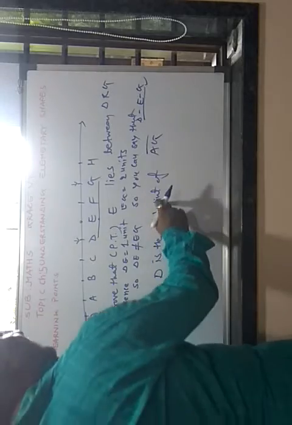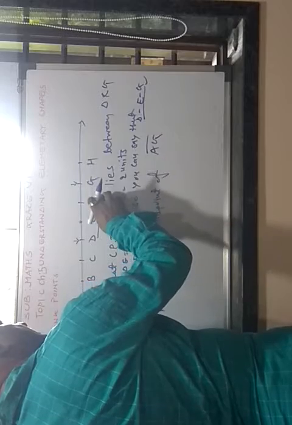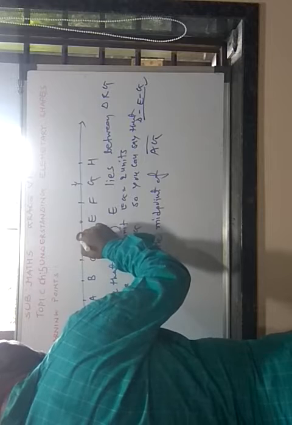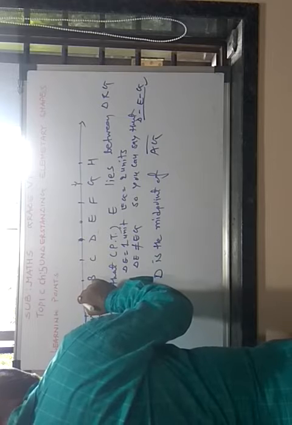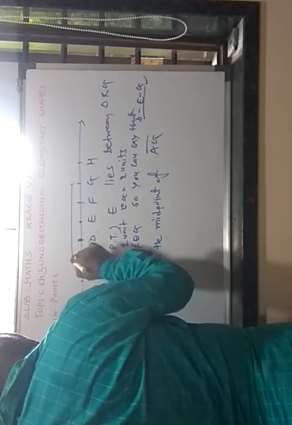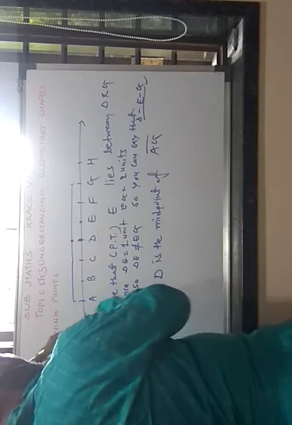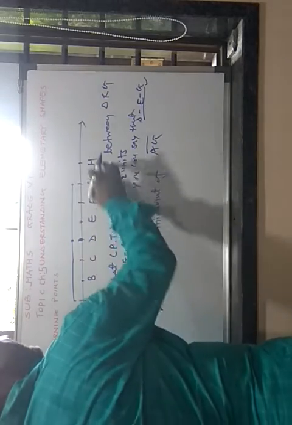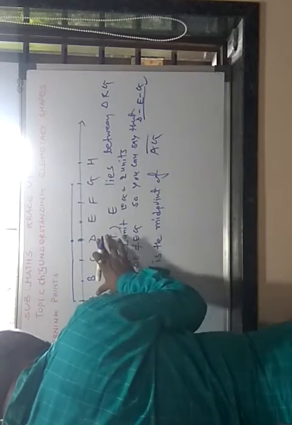Prove that D is the midpoint of AG. You see, D means here. D is the midpoint of AG. AG means here. D is over here. How to prove this? Now D is the midpoint of A and G. Means that D is exactly in the middle point of A and G. Means what is AD?